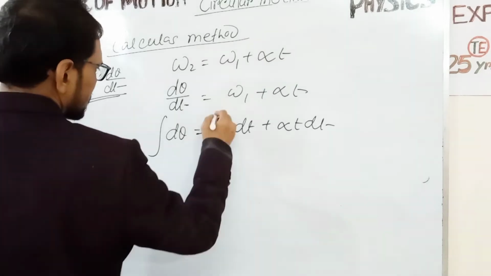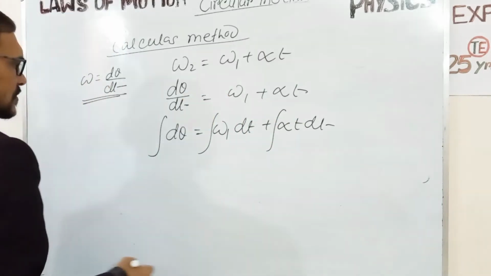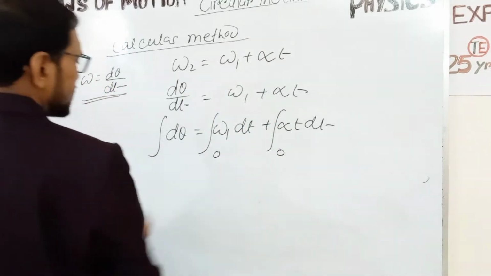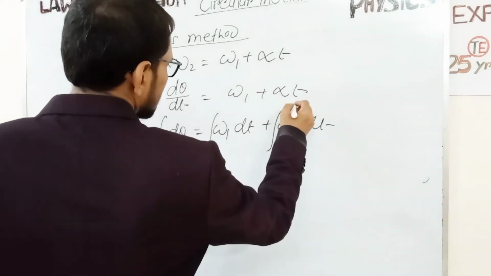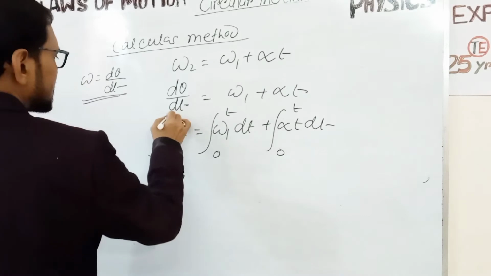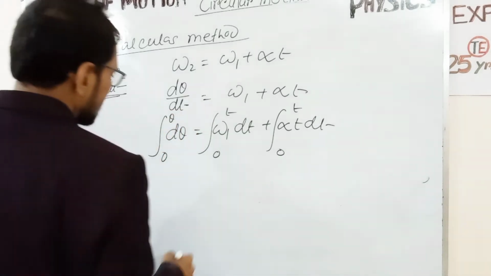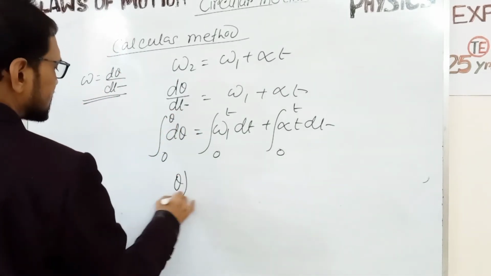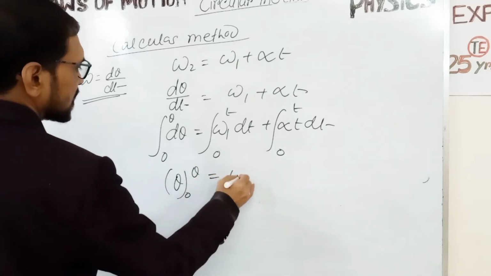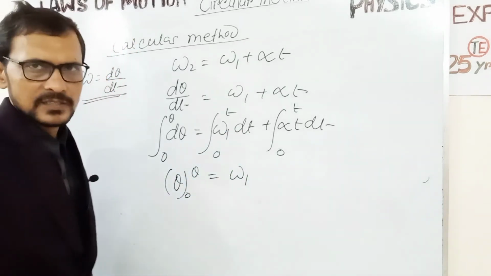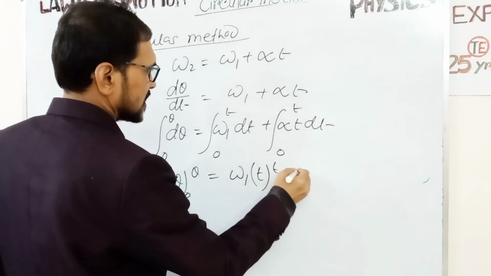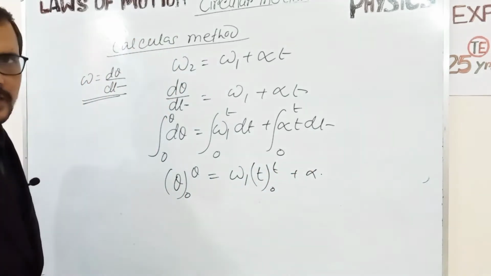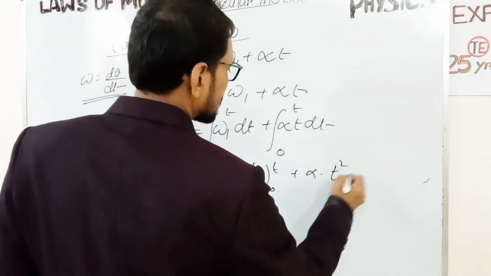If we integrate both sides, when t equals 0, we take theta equal to 0, and after t seconds the final angular position is theta. So the integration of d theta is from 0 to theta, the integration of omega 1 dt is omega 1 t, and the integration of alpha t dt is alpha t square by 2.